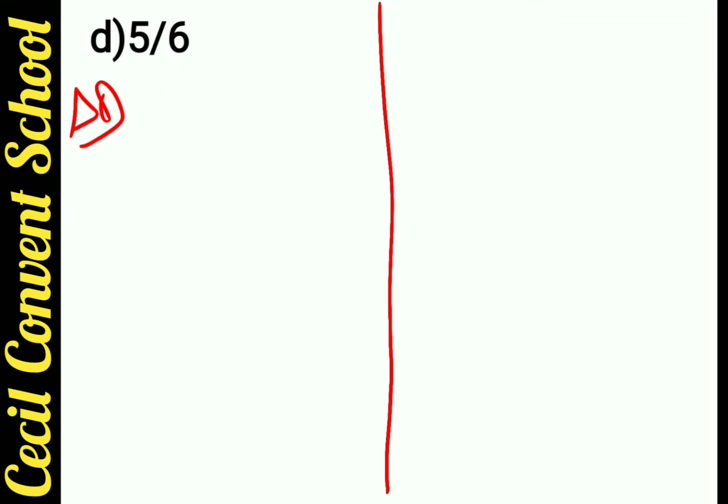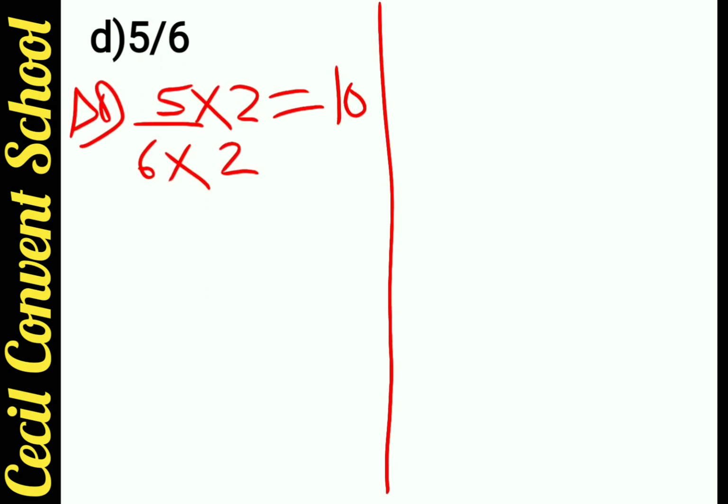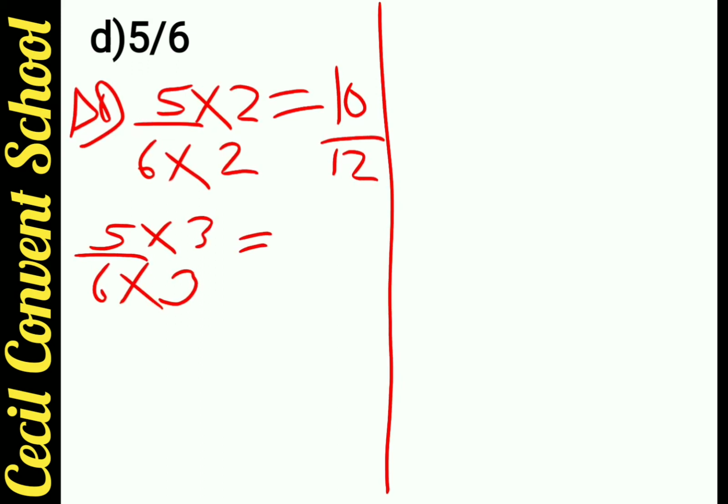Now we do D part of it. D part, again I make a column. The solution of it, you will write in this manner: 5 by 6 multiply by 2. Means you have to multiply with the same number. So the answer comes 10 by 12. Then 5 by 6 you have to multiply by 3. Answer comes 15 by 18.